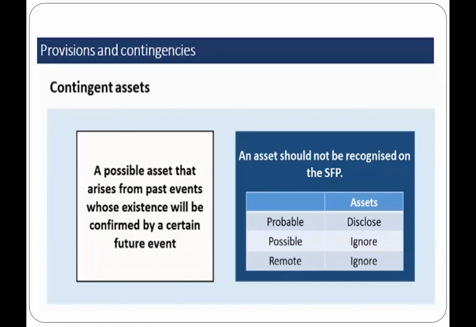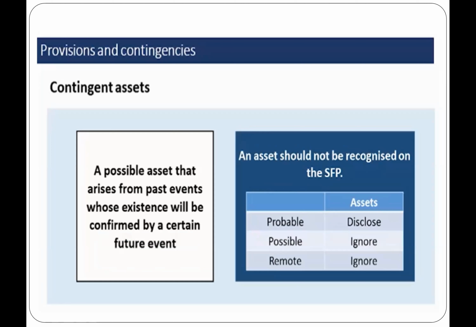Right, then a contingent asset is a possible asset that arises from past events whose existence will be confirmed by a certain future event. So perhaps you have taken your supplier to court. You know that there's an obligation because they've sold you something. Perhaps you are able to determine the amount that you are asking for.